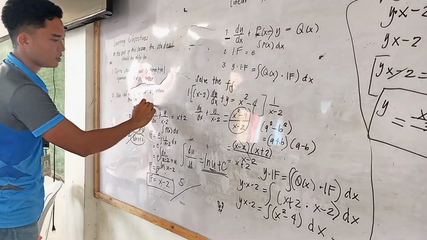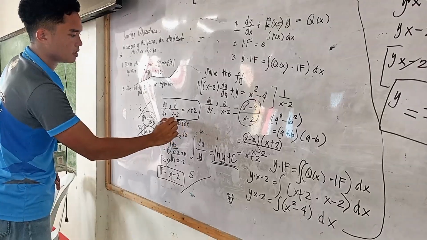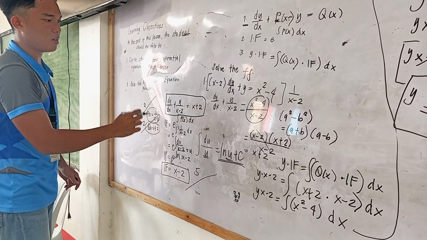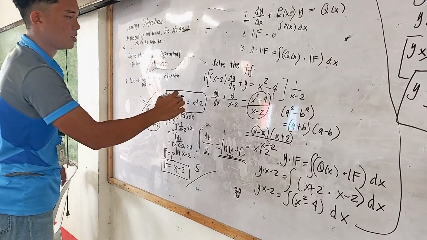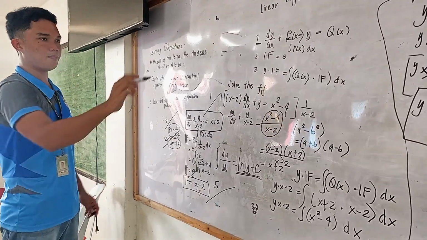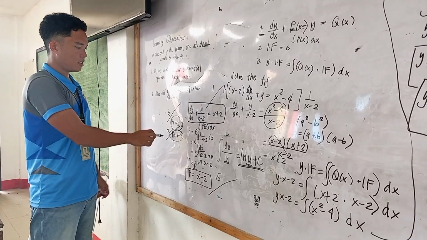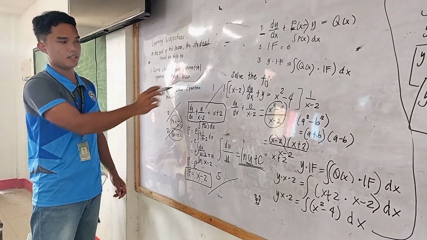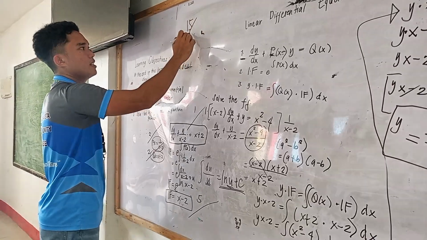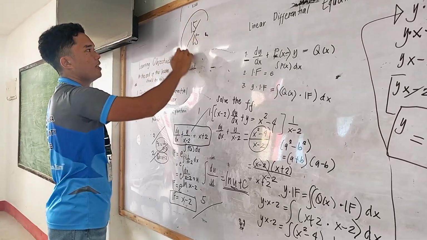Then this equation, after you rewrite it into standard form or arrange it, is 1 point. So a total of 5, 10, 12, 14, then 15. So the total score in this activity is 15 over 15.